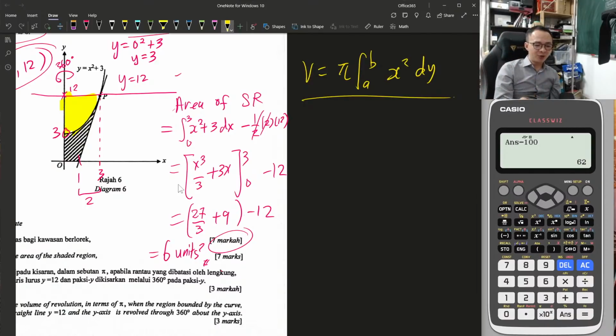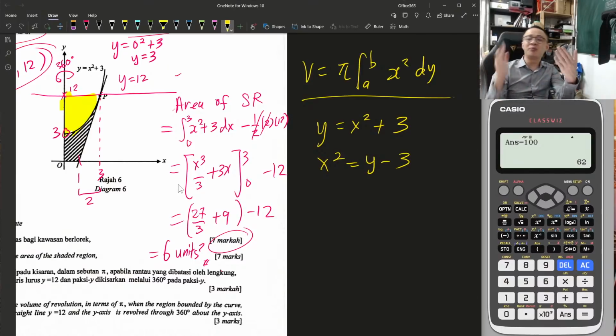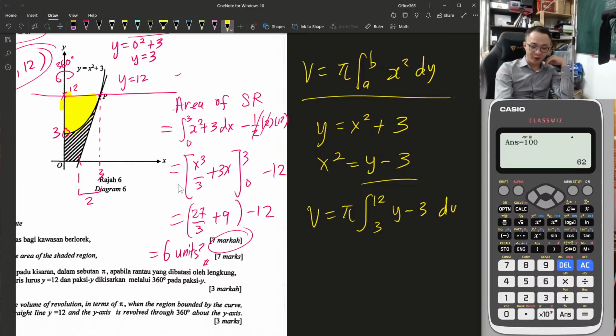I don't have x squared as the subject, so I want to rearrange the equation to make x squared the subject. This is the equation of the curve. I move the plus 3 to the other side, x squared is y minus 3, because in order to get the volume rotated on the y-axis, I need y minus 3 here to integrate. So my volume is pi, from 3 all the way to 12, of y minus 3 dy.